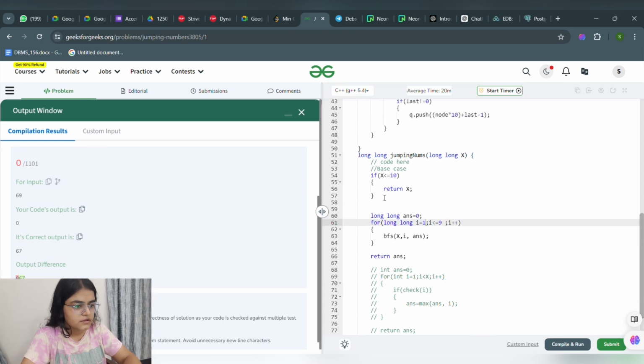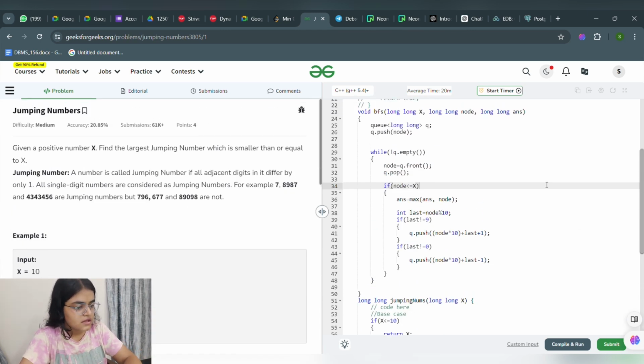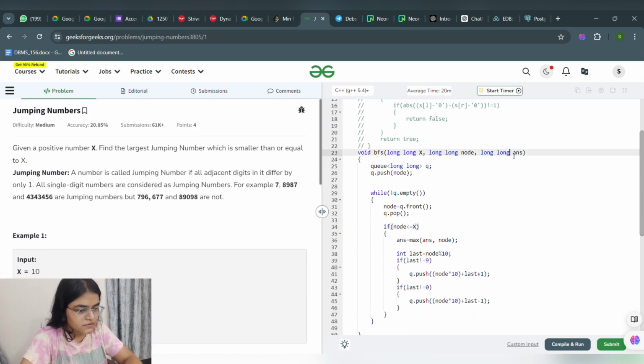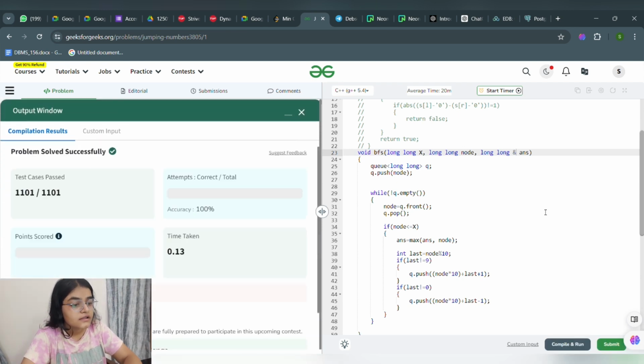What's the problem here? Is the answer always being 0? Let's include and see. Okay. Oh my god. This was happening, guys, because every time it was taking answer equals 0, so our answer was coming 0.